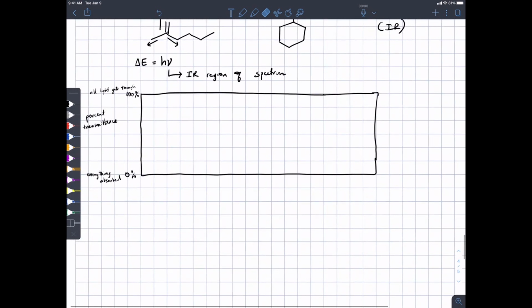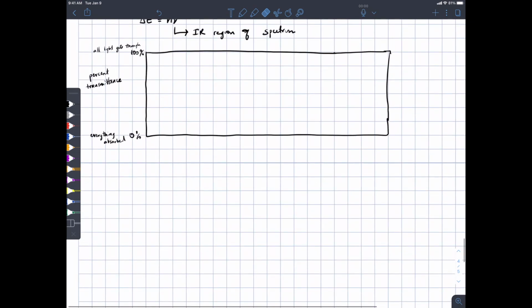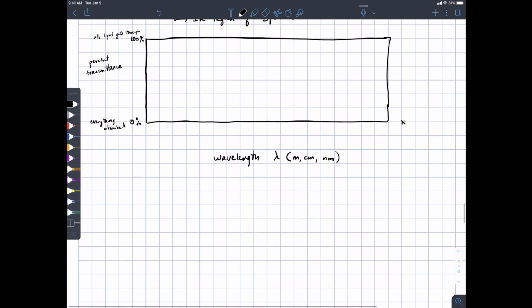Now, here's the stretch, and get ready. On the x-axis, you might think that we would use wavelength of light, which is usually in units of meters or centimeters or nanometers or millimeters or so on.